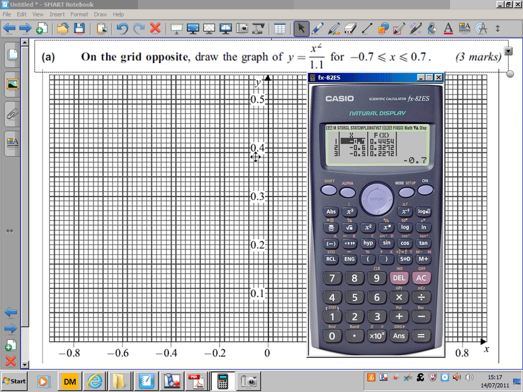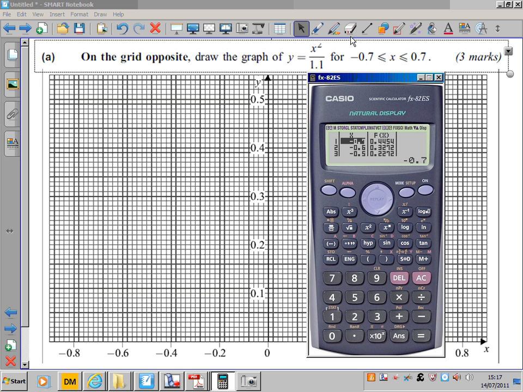So I've got 0.4 and then 0.41, 2, 3, 4, 5. So that's 0.45. But I can't plot any more accurate than that. So I'm going to have to round each of these values to 2 decimal places, which means this first one is going to be 0.45, because that 5 rounds this value up to a 5.